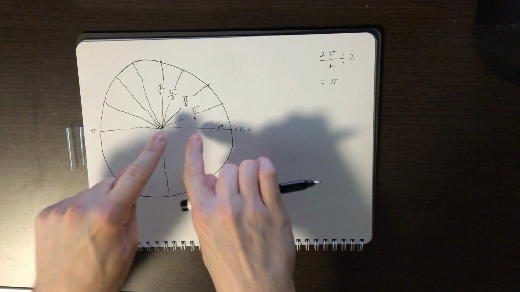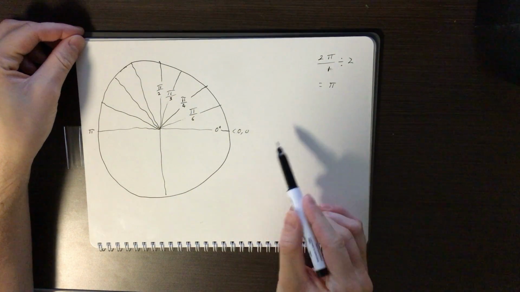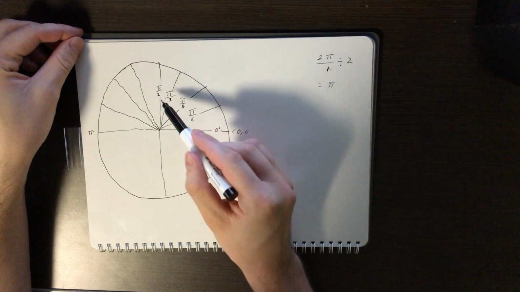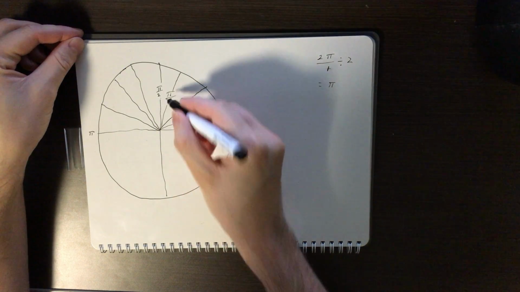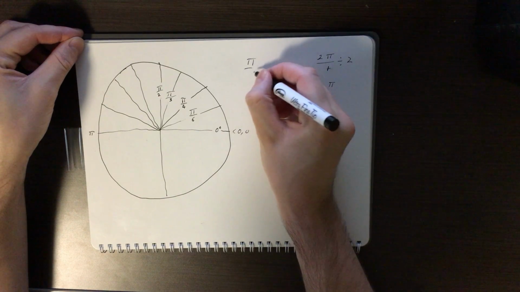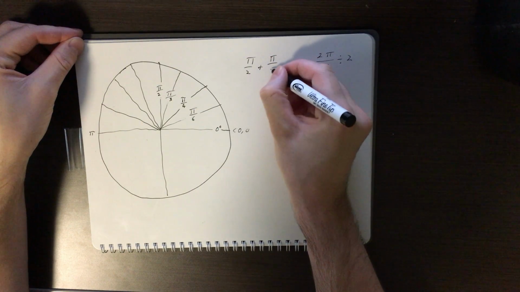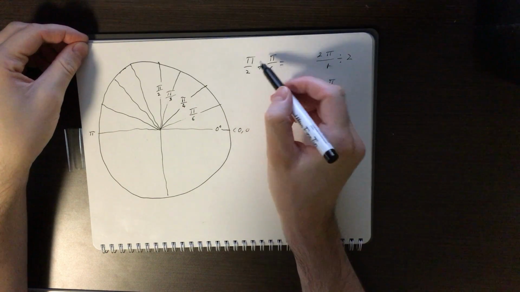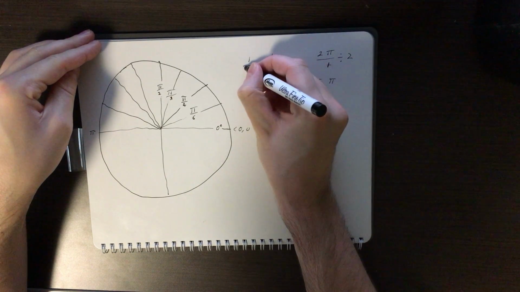Now once you have the first quadrant, you can use that as a technique to get the rest of the quadrants. So we can say this over here is going to be this section plus this section right here. So we can say pi over 2 plus pi over 6, and I'm just going to remove the pi's here and make them 1 for simplicity.